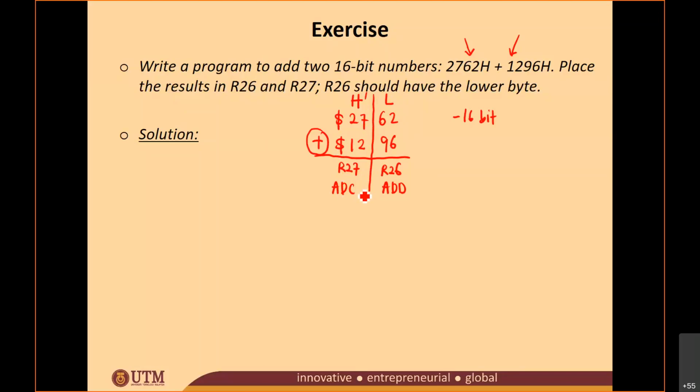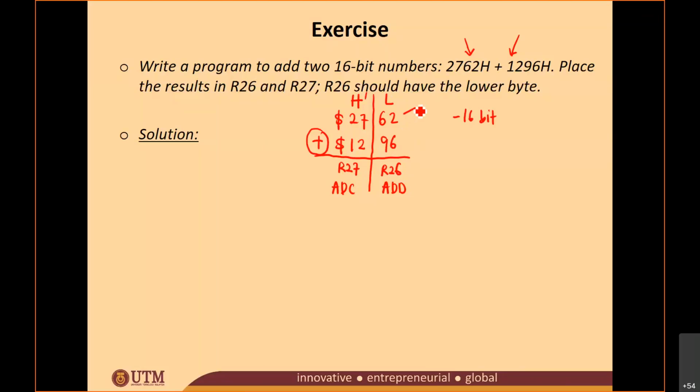Because these numbers, 2762 and 1296, are not inside of your GPR, you need to load these numbers to your GPR first. You need to put the result to R26 and R27.